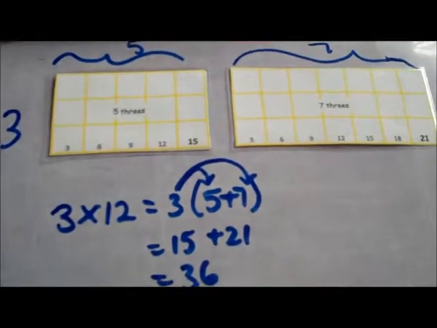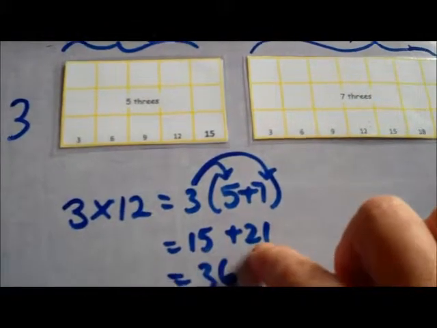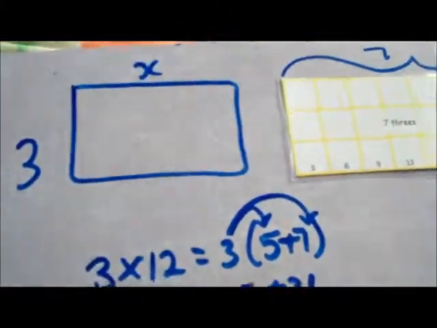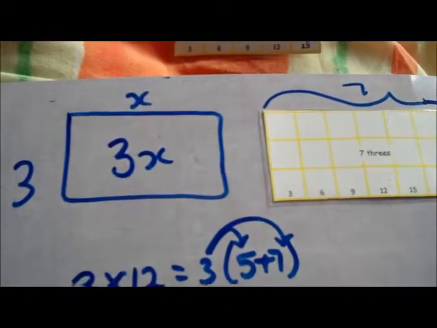But what I'm trying to show you is, it doesn't matter what this piece is, it will always be 3 lots of it plus 21. So when I do x, this will be 3 lots of x. So imagine if it was 20.